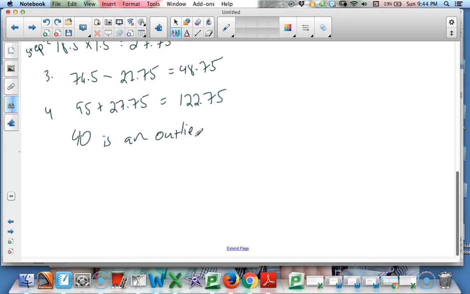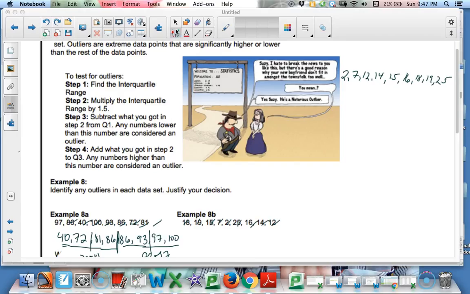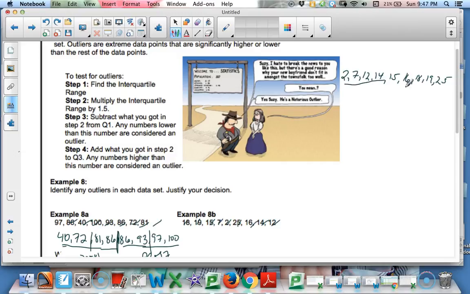All right, so let's check another data set. I went ahead and put this in order, and I brought it up here in this little extra space so that we can follow along with the steps a little bit better. So the first thing I'm going to do is find my interquartile range. Again, I have 9 data points, so that means I'm going to have 4 and 4. 1, 2, 3, 4.